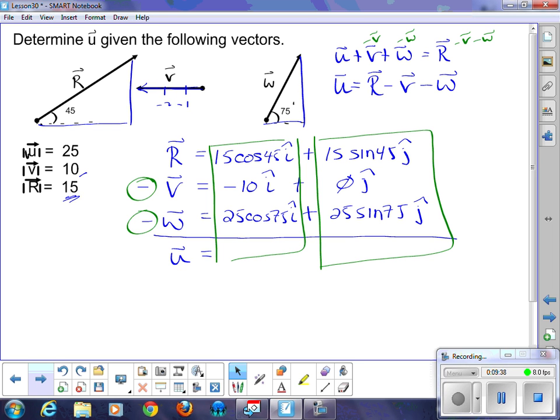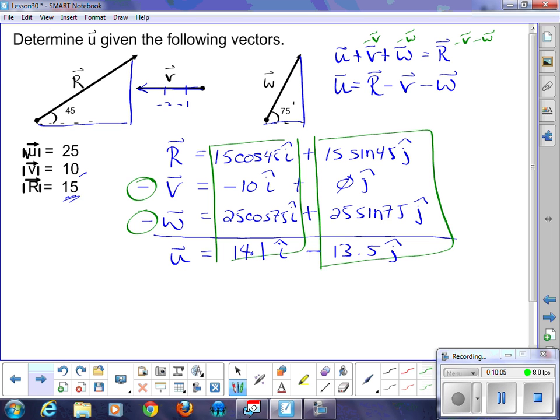The calculators will do this all in one step, and I encourage it. So 14.1 i, and the other one, 15 times sine 45 minus 0 minus 25 times sine 75 gives me negative 13.5 j.